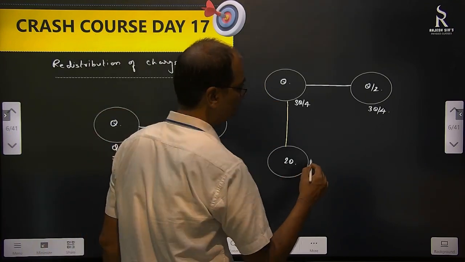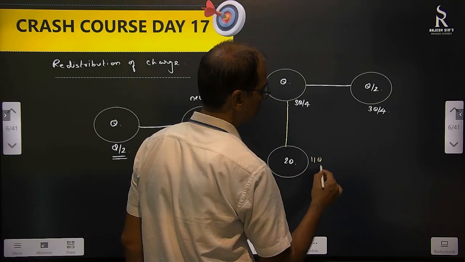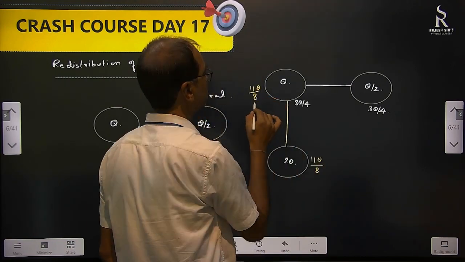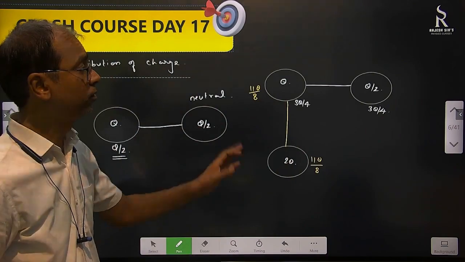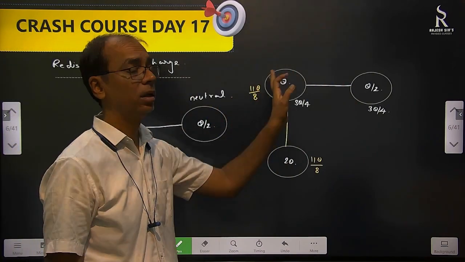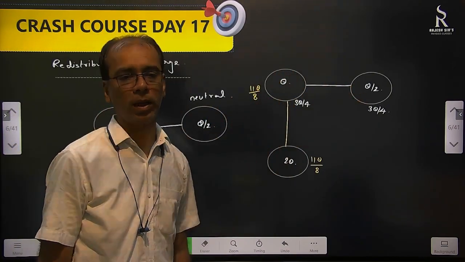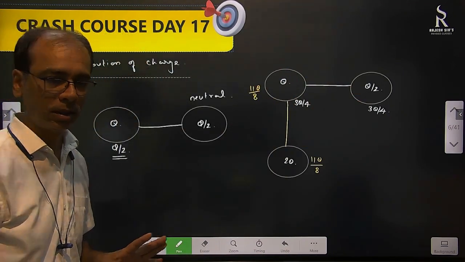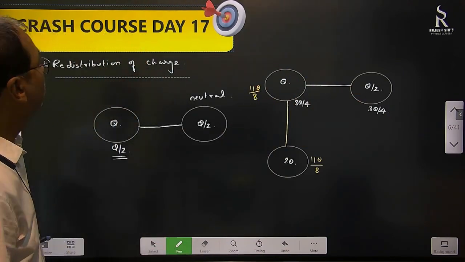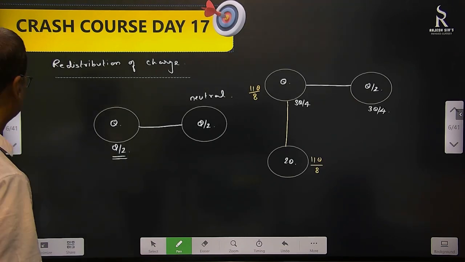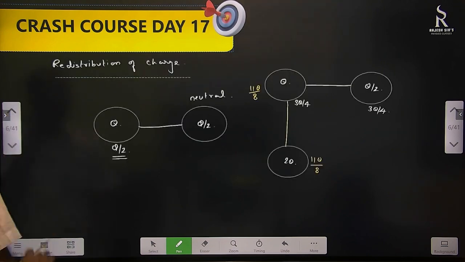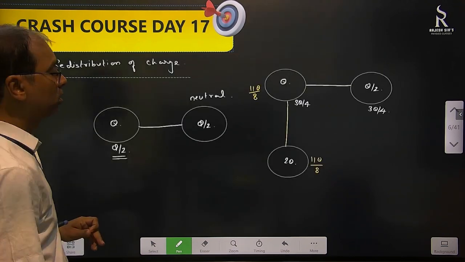So here will be 11q by 8 and here also will be 11q by 8. So like this, redistribution of charge takes place if you connect them, either by touching them or connecting them with a wire, provided they are of the same size, remember. So this is redistribution of charges.